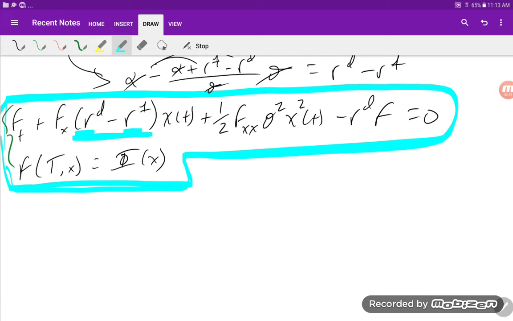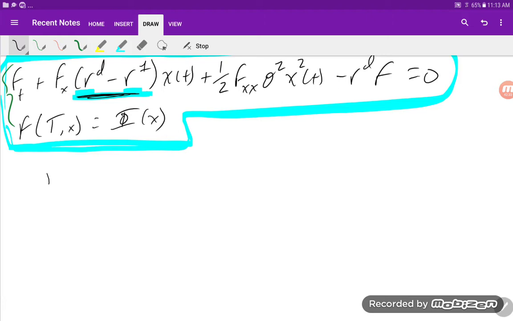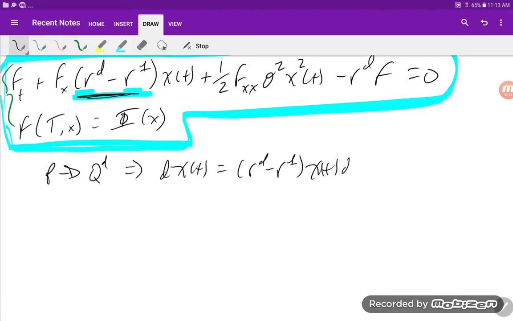So again, in the next video I'm going to show you how change of measures work in this framework. The first thing I'll do is prove that when changing from P to Q D, the differential of x is equal to r d minus r f, under Q, and I'll denote it D to match this.